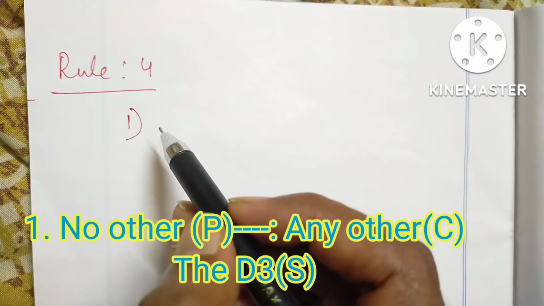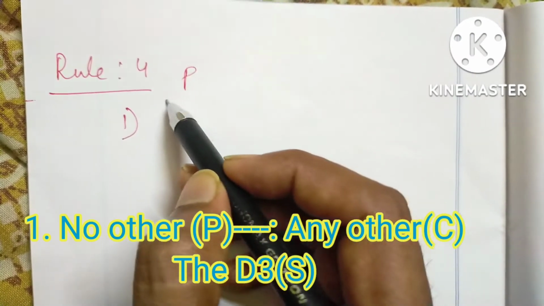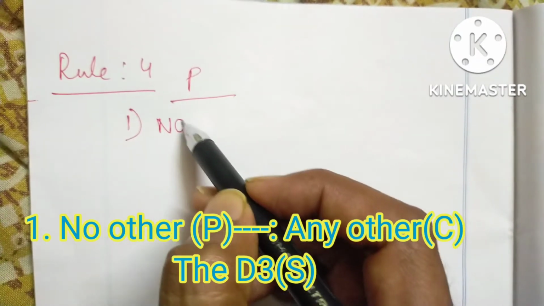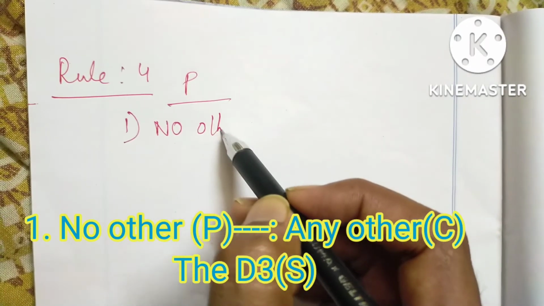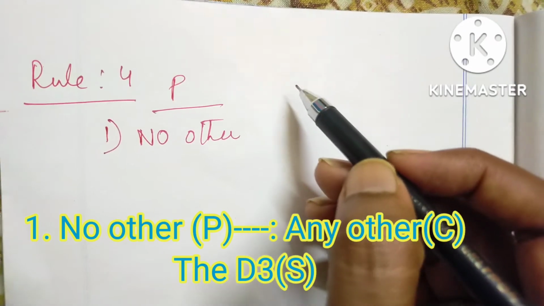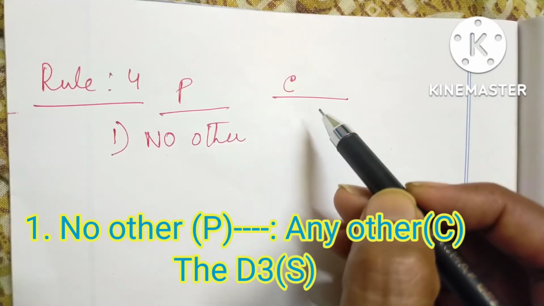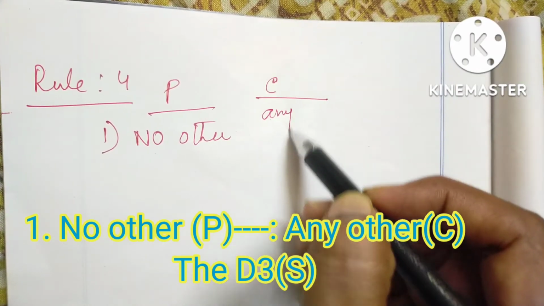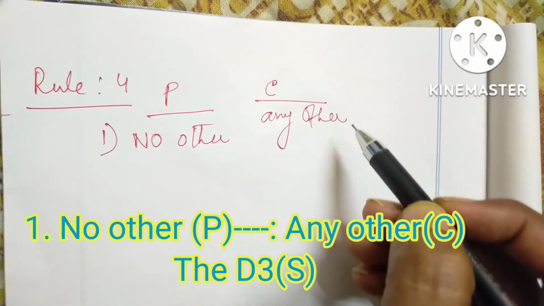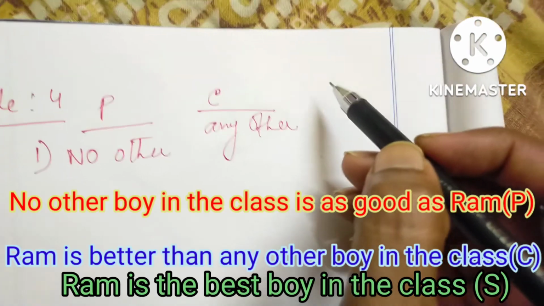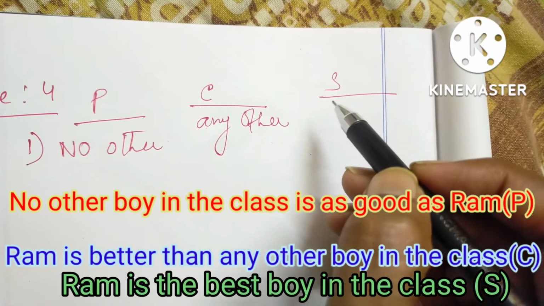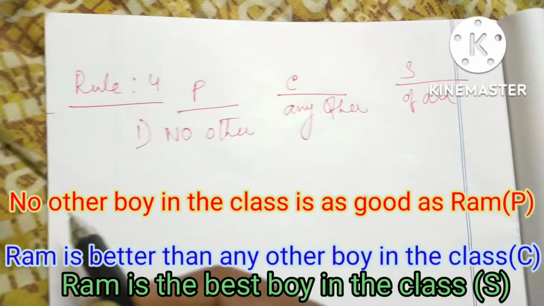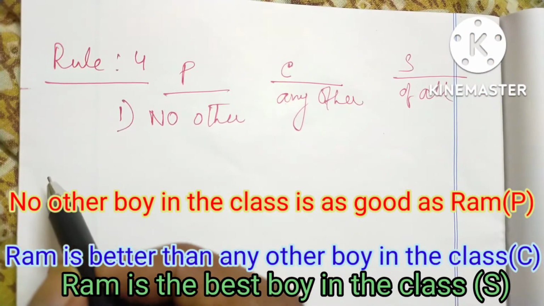The first one: in the case of the positive degree, when we start with no other, in the case of the comparative, any other is used, and in the case of the superlative, of all is used. For more clarification, we need some examples.